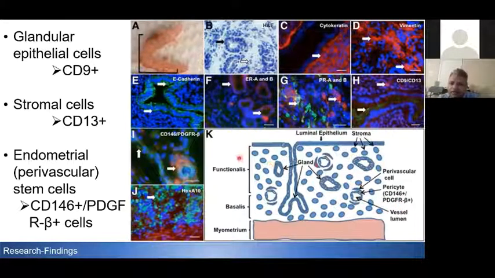And in the functionalis layer, these stromal cells are found mostly, along with the apical parts or top parts of these glands. So every menstruation cycle, this functionalis layer is shed, and the basalis layer helps regenerate it every cycle.